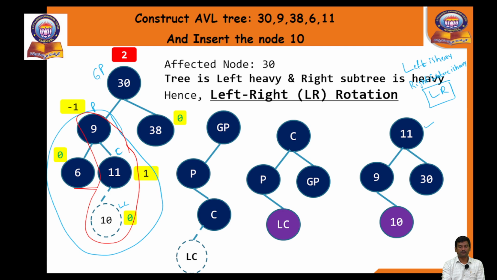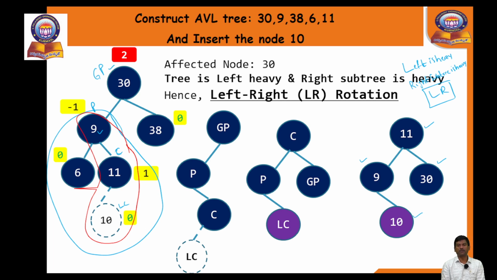And the next one, P is stored as the left child of C. What is this P? That is 9. So 9 is stored as the left child of C. Similarly, GP is stored to the right of C. And LC, if it is present, has to be placed in P's right subtree.